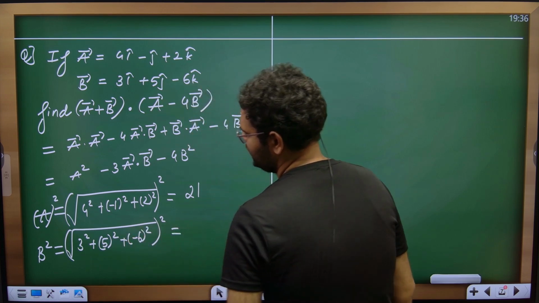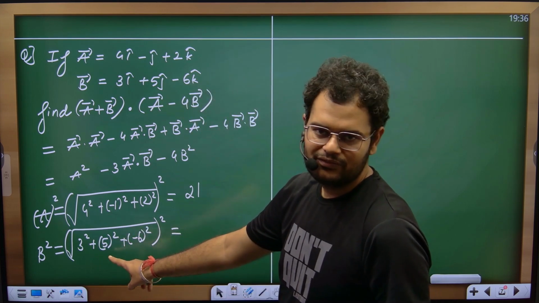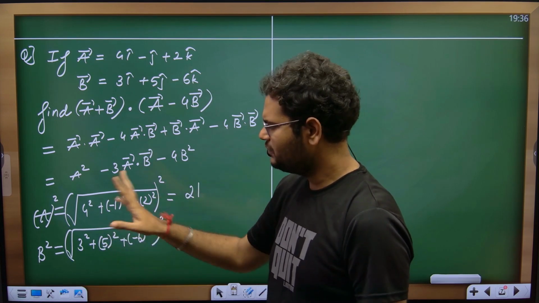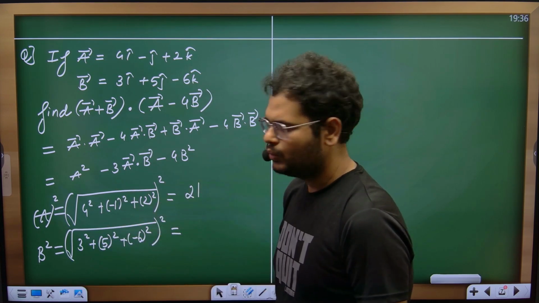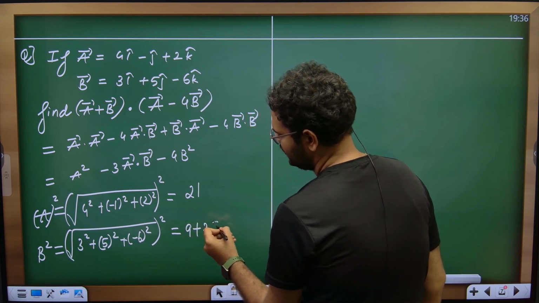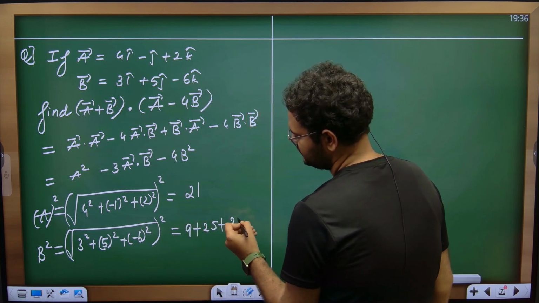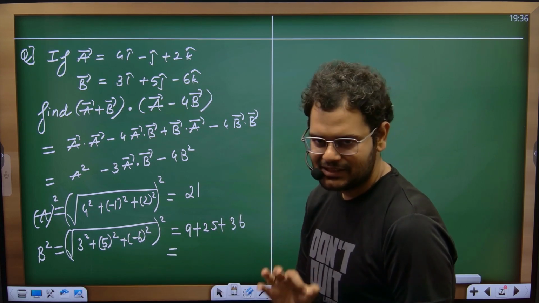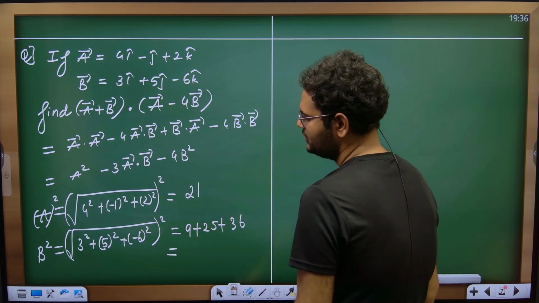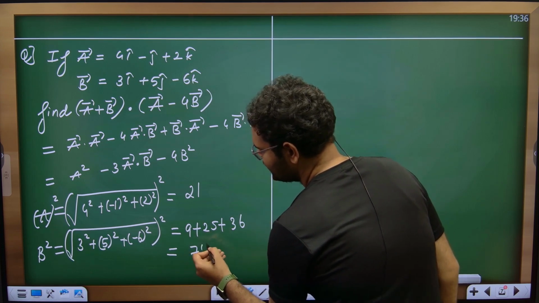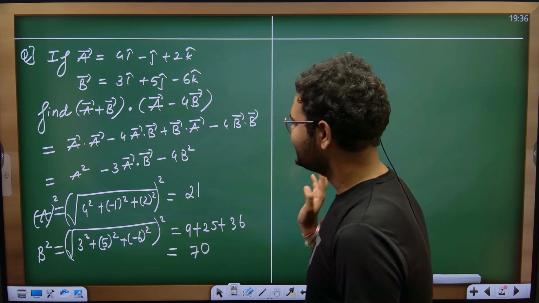How much are we getting? 9 plus 25 plus 36. 36 plus 25 is 61. 61 plus 9 is 70. Who said 72? I have not said. So this is 70.